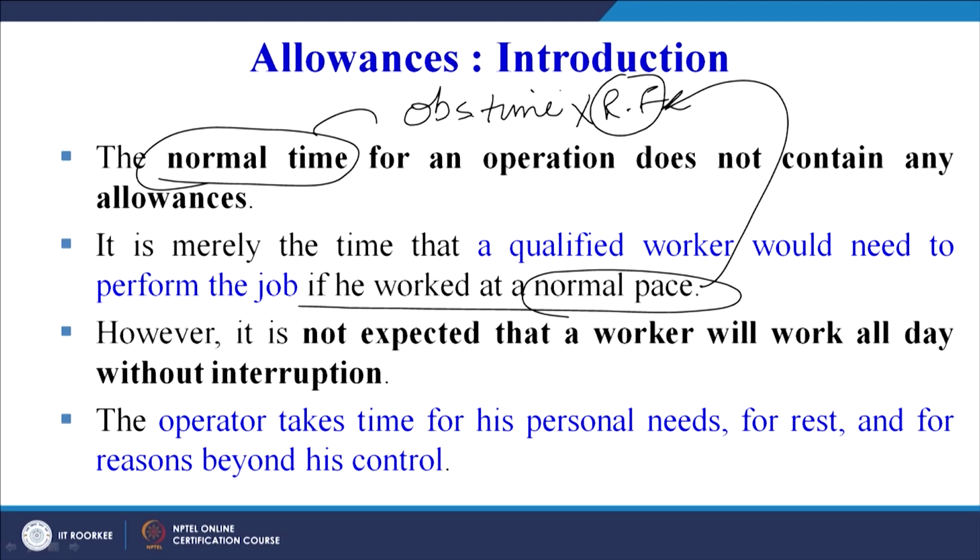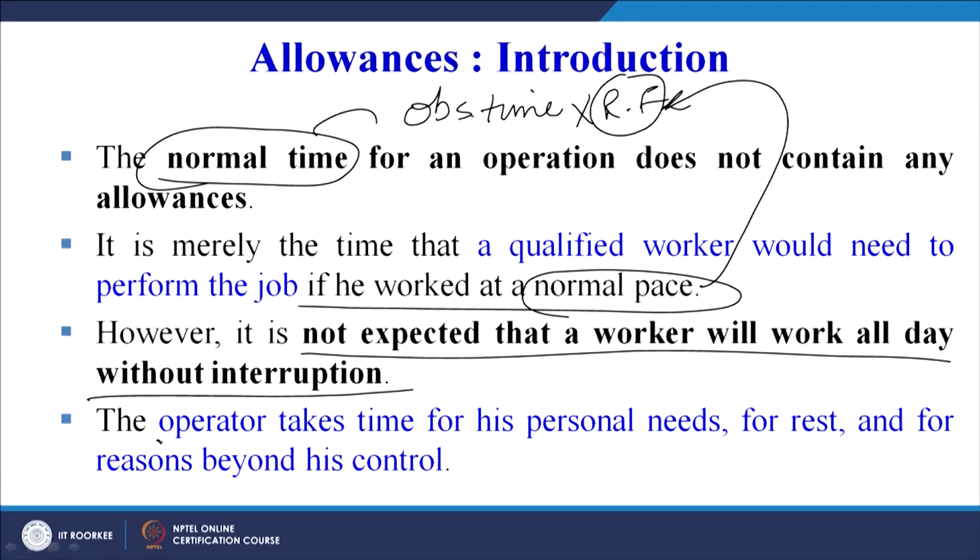However, it is not expected that a worker will work all day without interruption. This example I have already explained, that it is not practically possible for a worker to work without any interruption. So, some stoppages may be avoidable, some stoppages may be unavoidable.